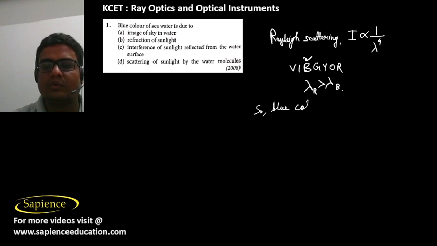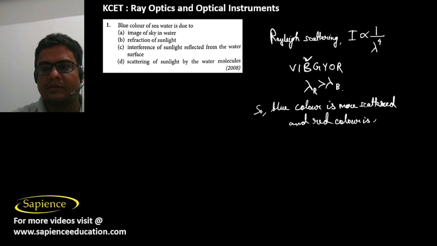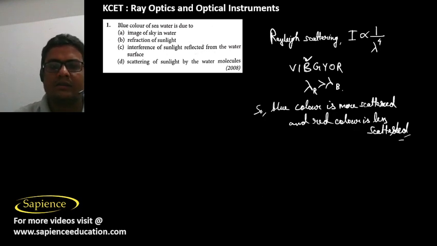So blue color is more scattered than red, and red color is less scattered. Since blue color is more scattered by the water molecules, the sea water appears blue in color. Option D is the correct answer.